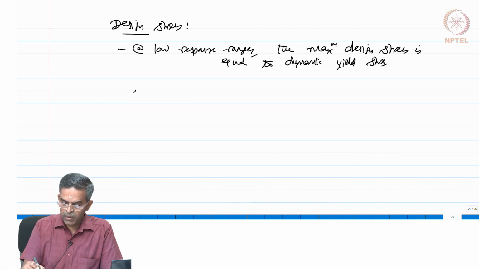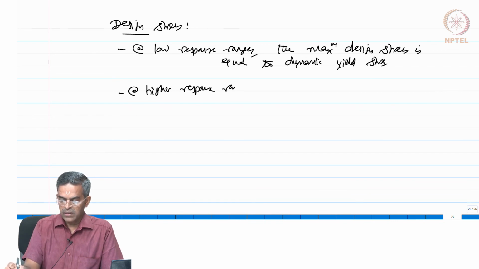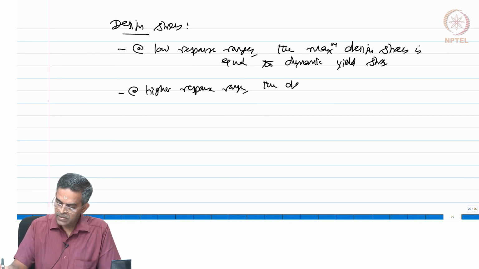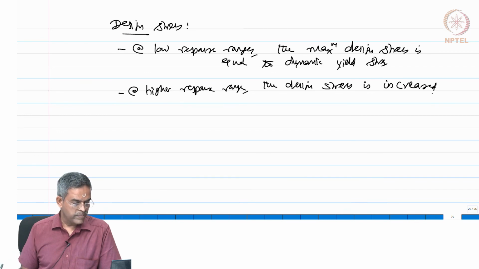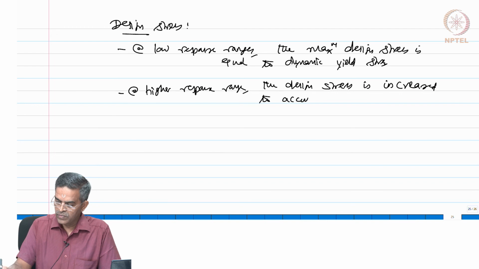At higher response ranges, the design stress is increased to account for strain hardening.